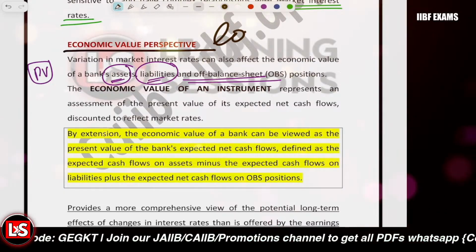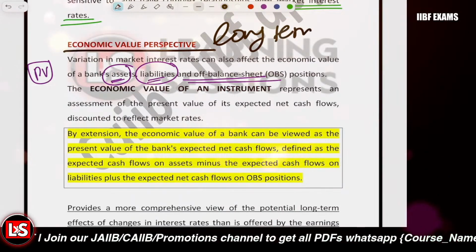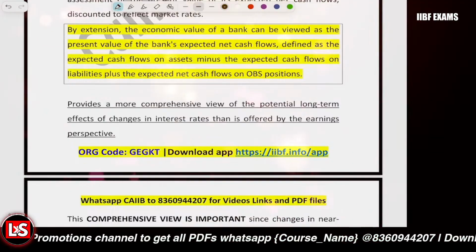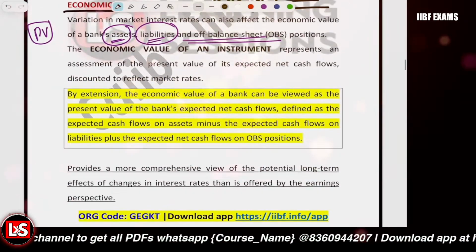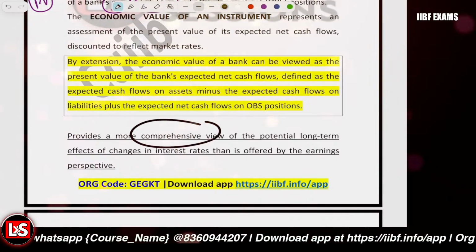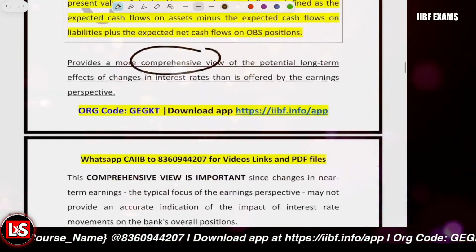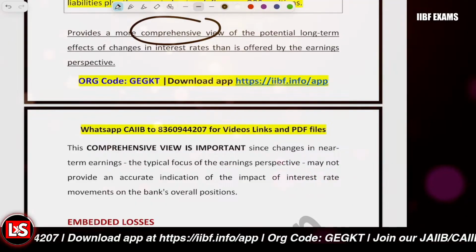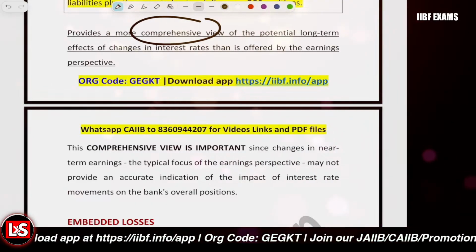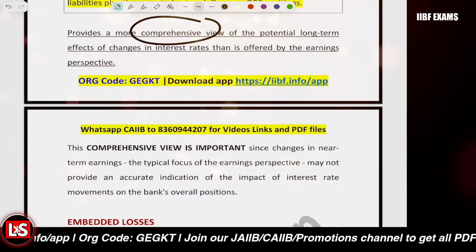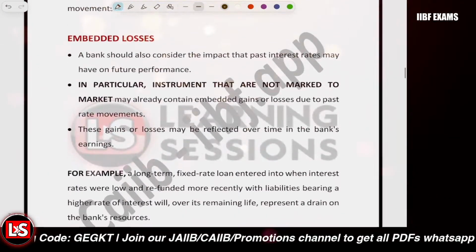It is based on the present value of the future cash flows, and it is going to capture the long term impact of the rate changes. It is useful for overall balance sheet risk analysis, right?